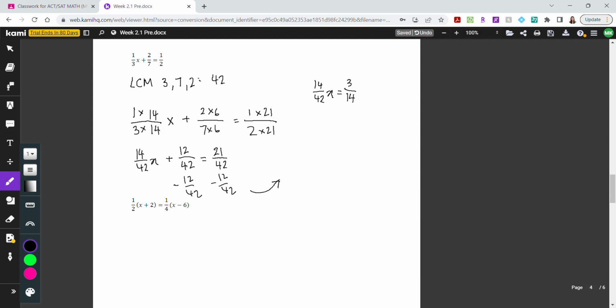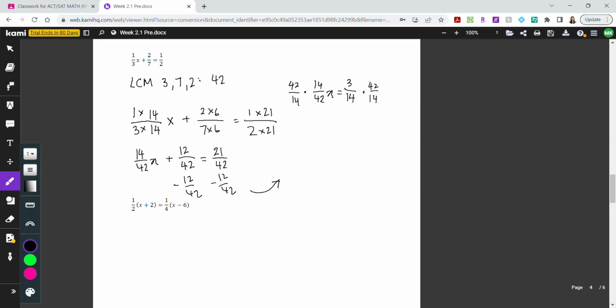And now we want to get rid of 14 over 42 because we want x by itself. So what we can do here is multiply 14 over 42 by its reciprocal, right? So we're just going to flip the number, 42 over 14, and since we did that there, we're also going to multiply this side by the reciprocal.